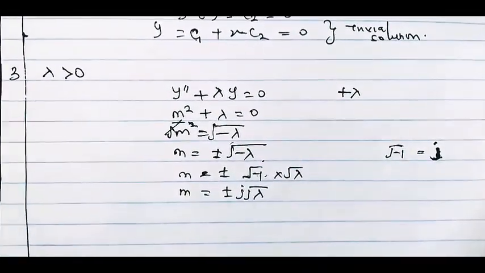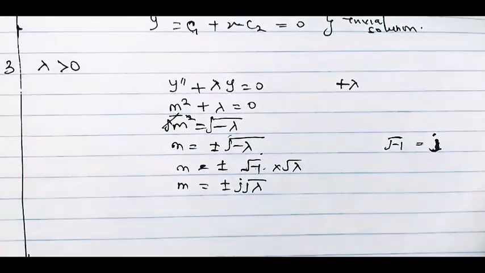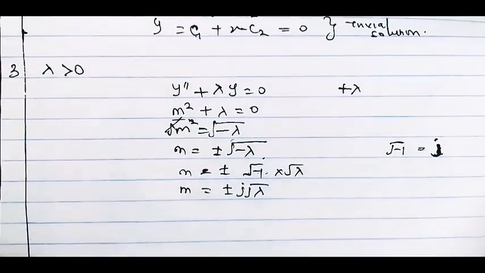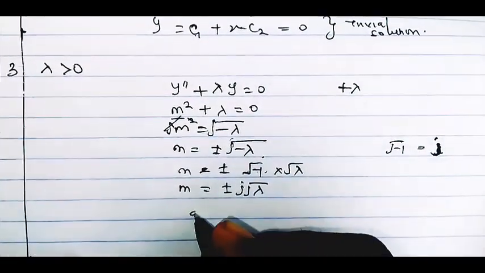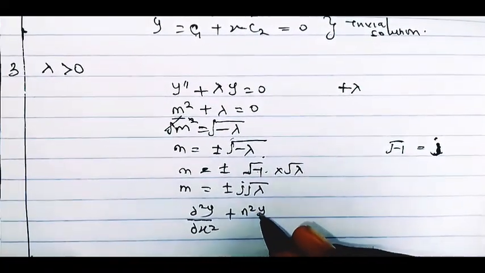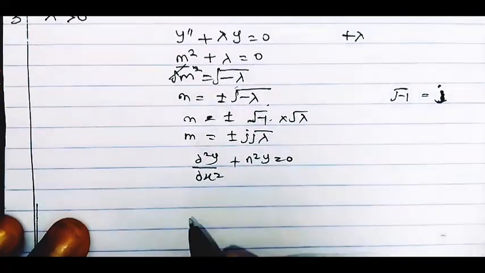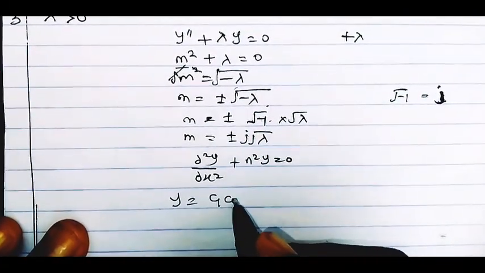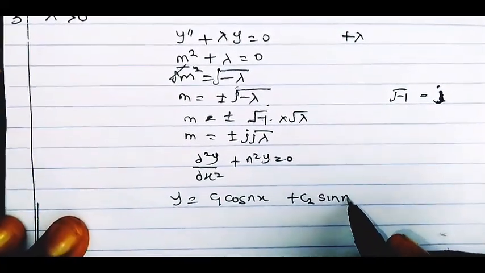Now the general solution for this form, d squared y over dx squared plus n squared y equals 0, is y equals c1 cos nx plus c2 sin nx.